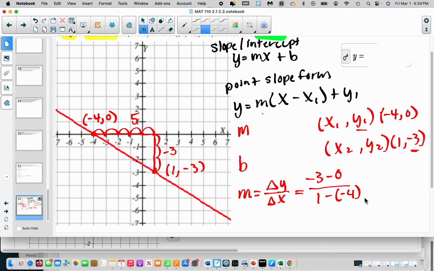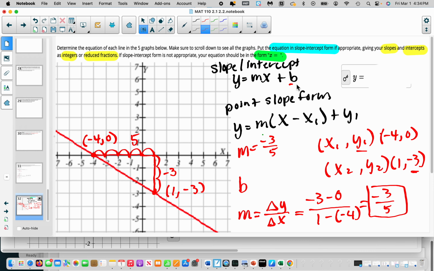Now if I do those calculations, that gives me -3/5. That's my slope, equals -3/5. But again, they wanted me to write it in slope-intercept form and use a reduced fraction or an integer. This is a reduced fraction for my slope.